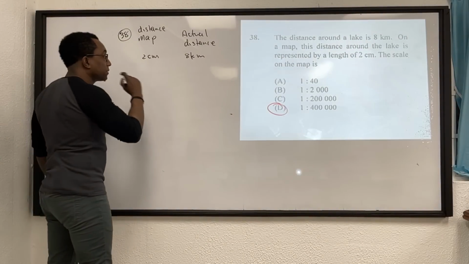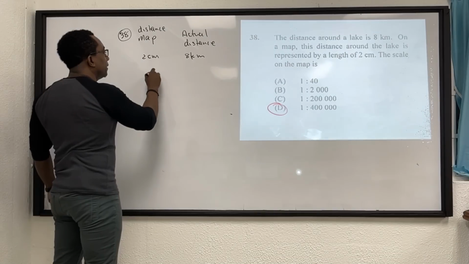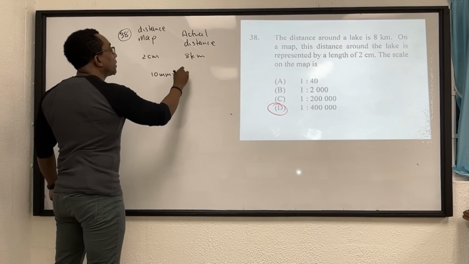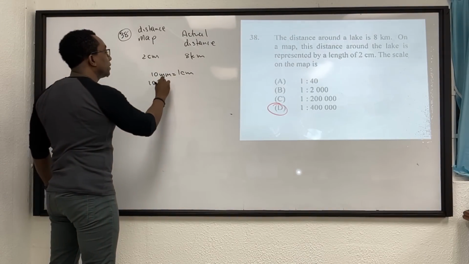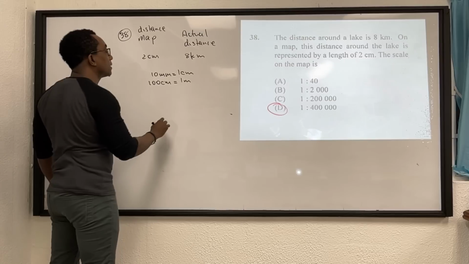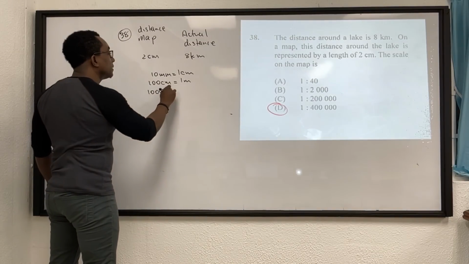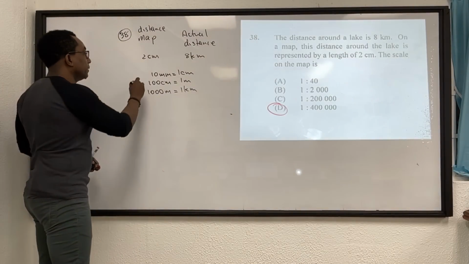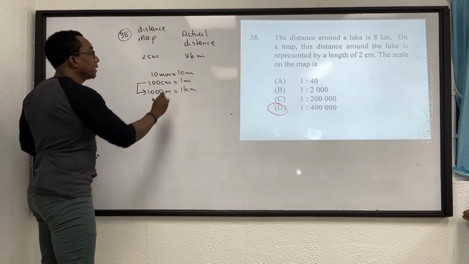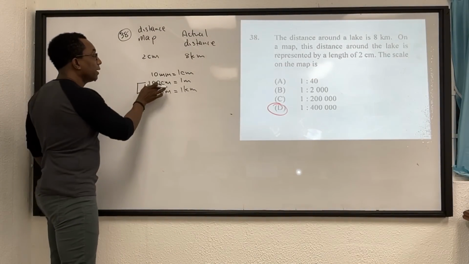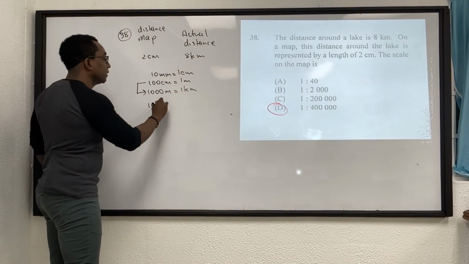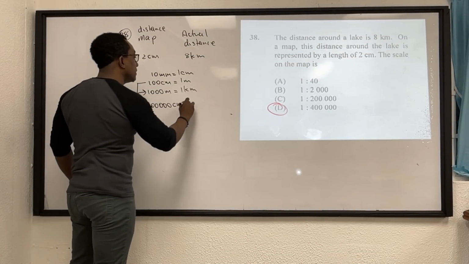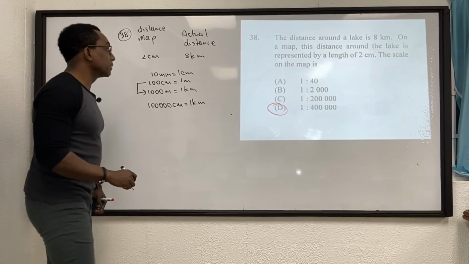And we know that 10 millimeters is equal to 1 centimeter, 100 centimeters is equal to 1 meter, and 1,000 meters is equal to 1 kilometer. And if I have to move from centimeters to kilometers, I have to multiply 100 by 1,000. That's 100,000 centimeters is equal to 1 kilometer.